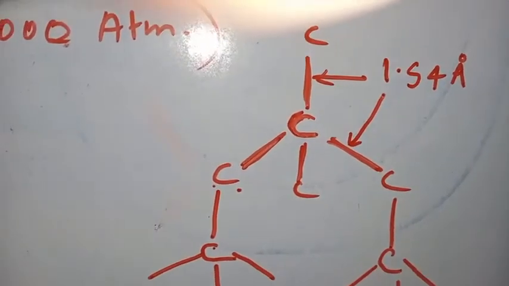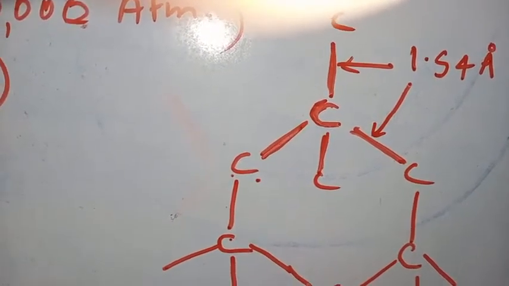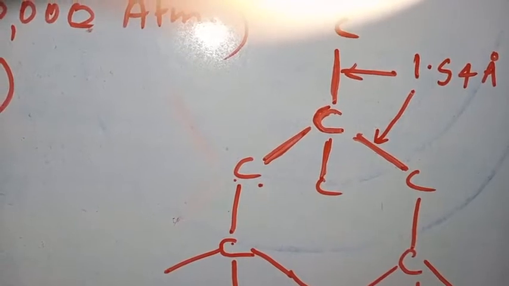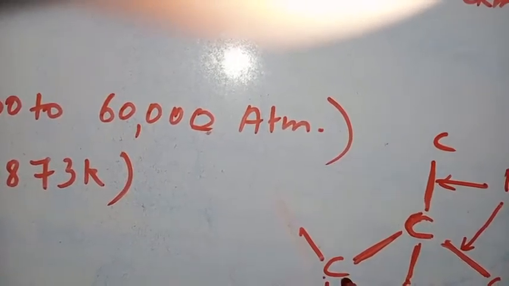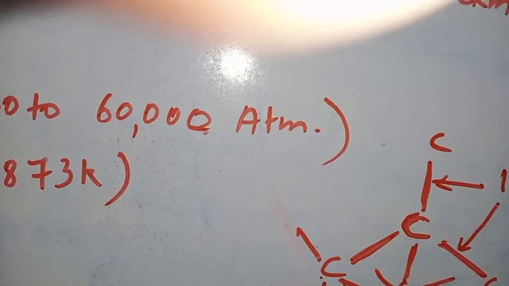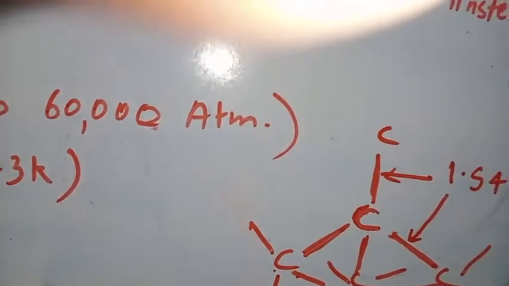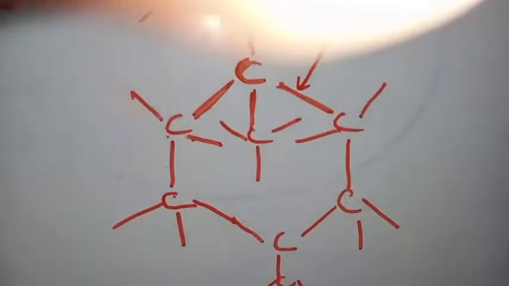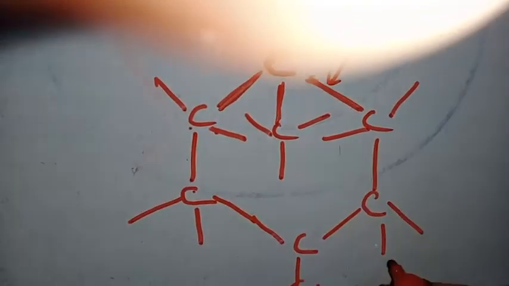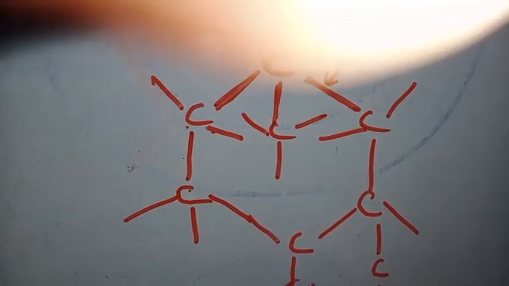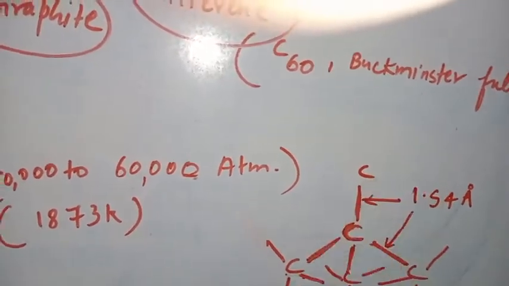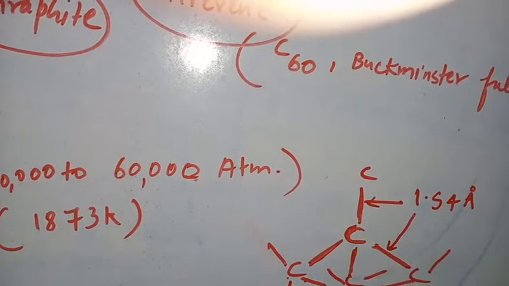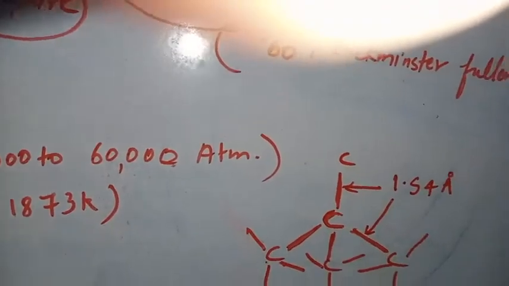So as you can see in diamond, each carbon atom is attached to 4 other carbon atoms by single covalent bond of bond length 1.54 angstrom.